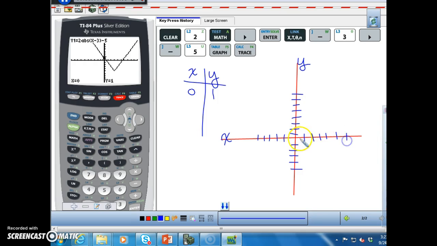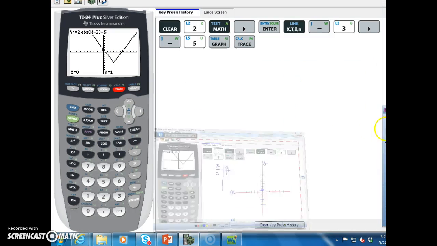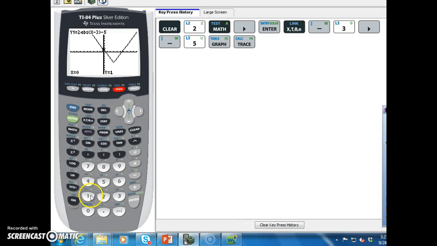So 0, 1 would be a point, and I can see where it is. And we get some more points. Maybe I want to know what happens at 1. So 1, negative 1 would be another point for my graph.